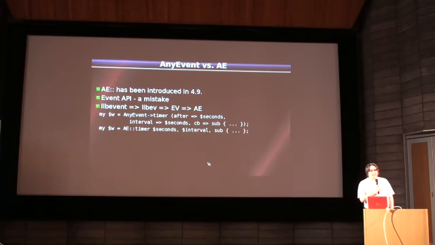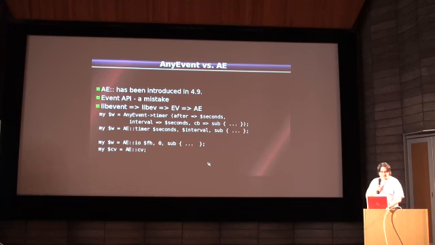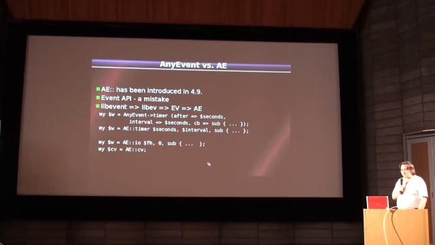And the new API is just a function call with some fixed parameters: seconds, interval, and the callback. And of course, all the other watcher creations in AnyEvent are also available in AE.